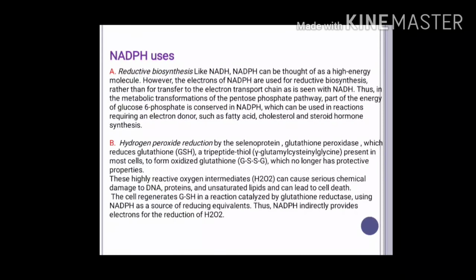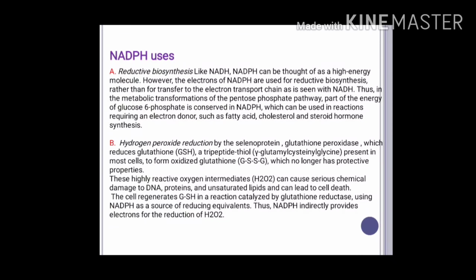So we need to regenerate reduced glutathione. To convert oxidized glutathione to reduced glutathione, we require the enzyme glutathione reductase, and this glutathione reductase utilizes NADPH as a source of electrons.